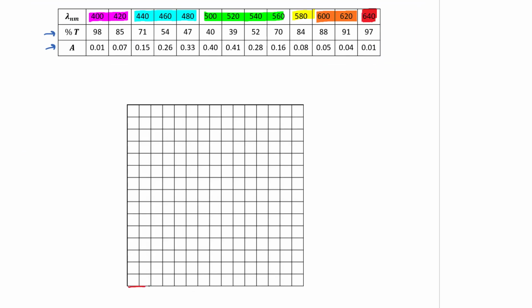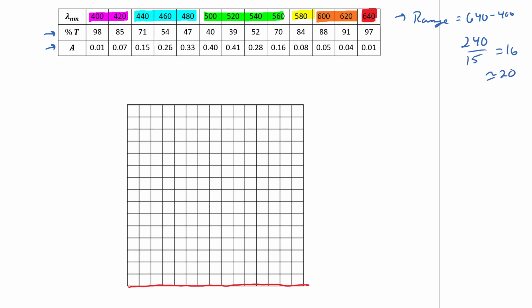First, let's put our horizontal axis on. Here we're going to have wavelength. This is my independent variable. I've selected the wavelengths I'm going to use. For wavelength, my range, I take my maximum minus my minimum, and this is going to be 240. There are 15 boxes, divide that by 15, and I get 16. We're going to round it up.